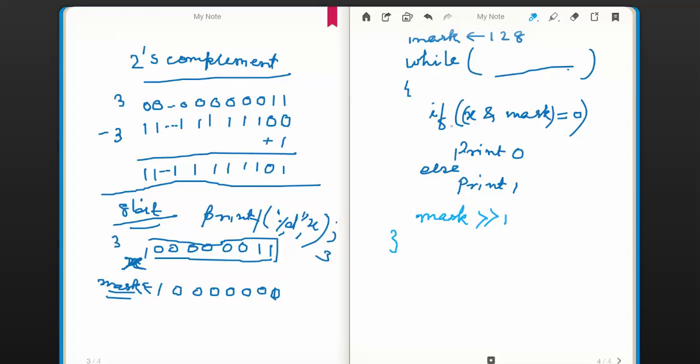Now what is happening over here? Let us analyze it. So say if the number is 3, that is 6 zeros followed with 1 1, and if it is bitwise ANDed with this mask, what would be the value? So x ampersand mask, what would be the value we would get? Binary bitwise AND with 0 would give us 0. Similarly, all the bits in this value are 0.